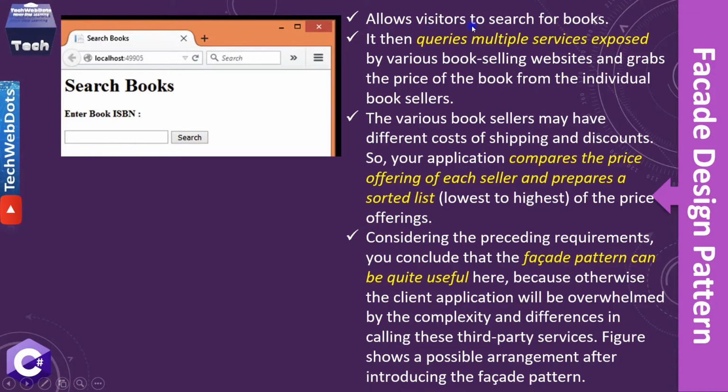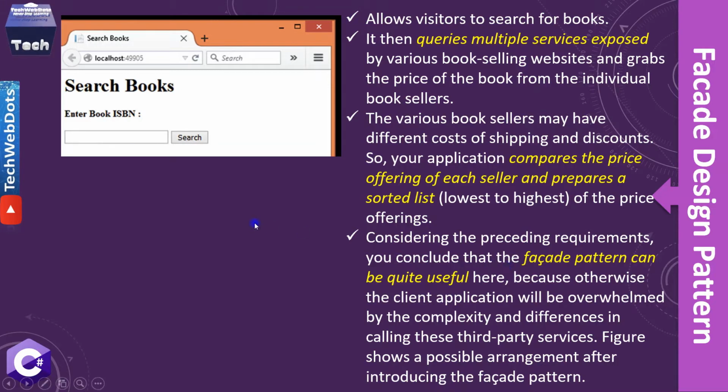We are allowing visitors to search for the books. It then queries multiple services exposed by various book selling websites and grabs the price of the book from the individual bookseller. The various booksellers may have different costs of shipping and discount, so your application compares the price offering of each seller and prepares a sorted list, or you can say the lowest to highest of the price offering.